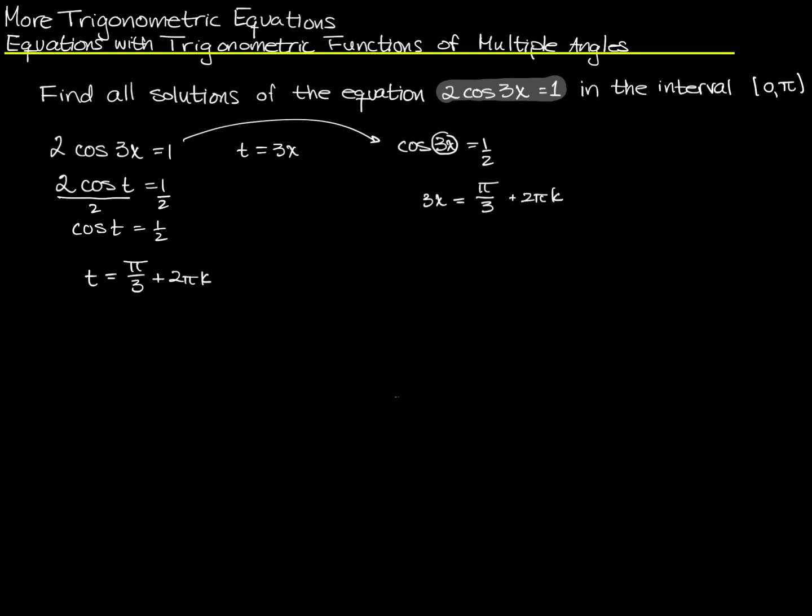So I'm going to replace t again with 3x equals pi over 3 plus 2 pi k, and then I can divide both sides by 3. x equals pi over 9 plus 2 pi over 3 times k. So now I have found one of my primary solutions. If k is 0, this whole thing goes away. This is my first solution, pi over 9.